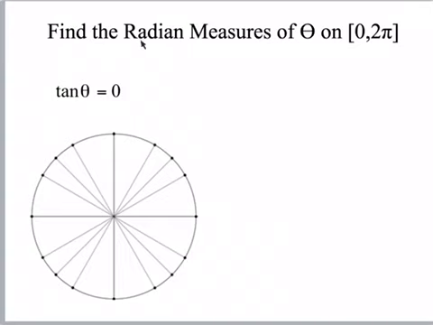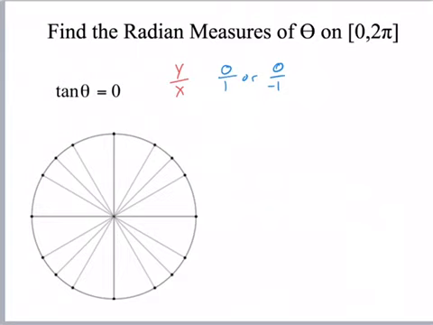So, next one, we want a radian measure from 0 to 2 pi where tangent is 0. Now, tangent, we have to remember, is your y over x. So to get a 0, wouldn't that mean I need 0 over 1 or 0 over negative 1? Those are the only ways you can get 0.